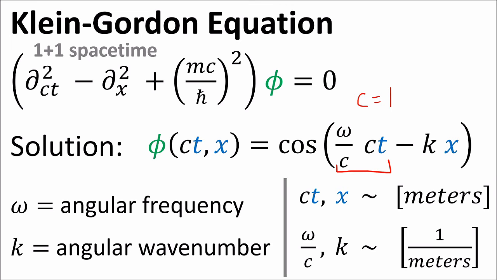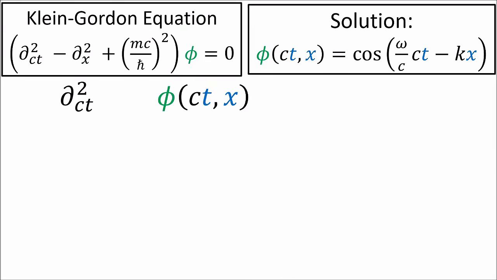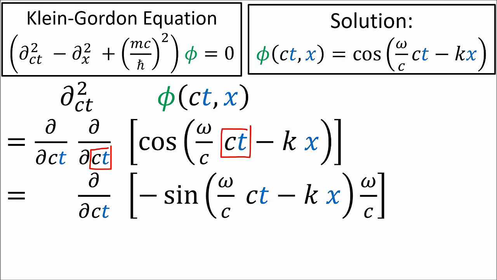To see why this cosine solution works, let's look at the Klein-Gordon equation term by term. To take the derivative with respect to ct, we treat ct as a single variable in the formula. Equivalently, we can treat this as 1/c times a time derivative if you want. So the derivative of cosine is negative sine, and by chain rule, we get a factor of omega over c.